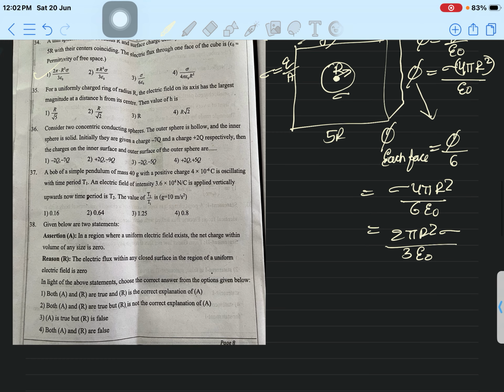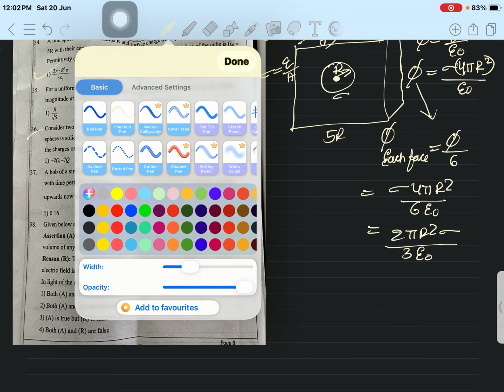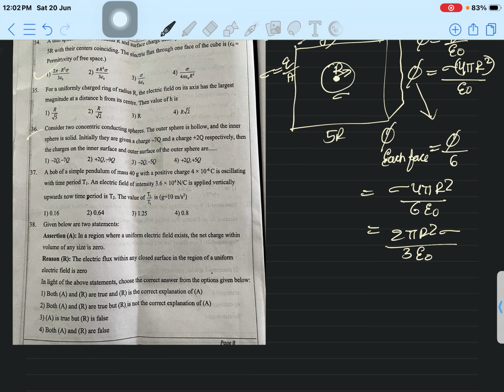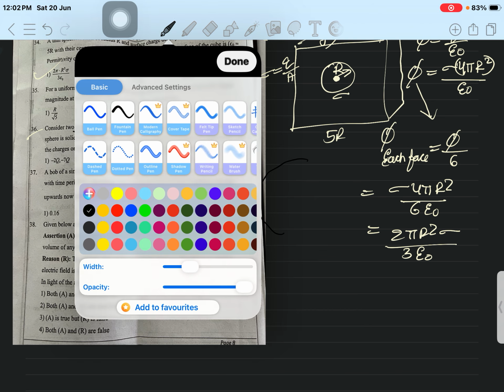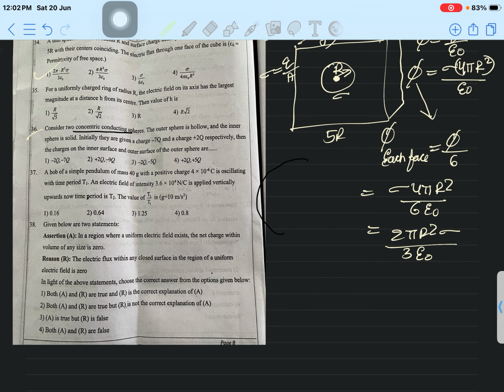They told 36, first we will see 36. They told two concentric conducting spheres are there. The outer sphere is hollow, inner sphere is solid, sir. Okay, outer sphere is hollow, like this.